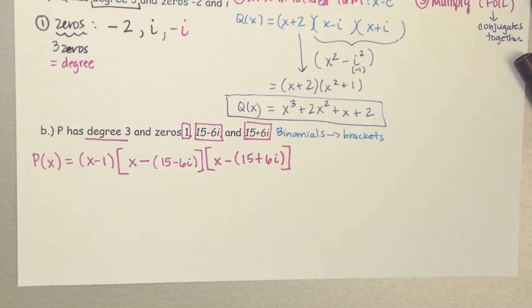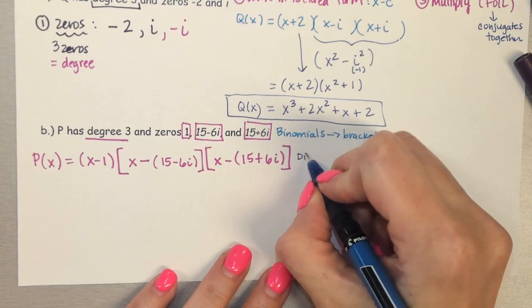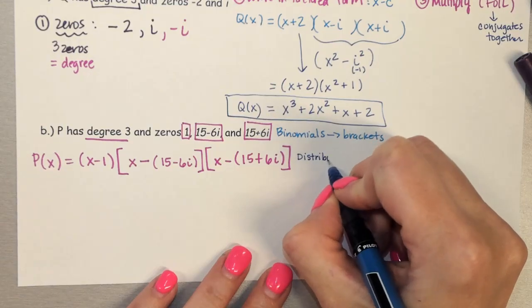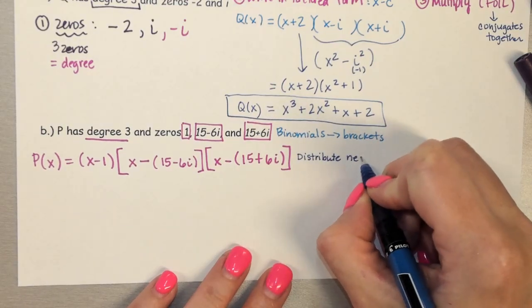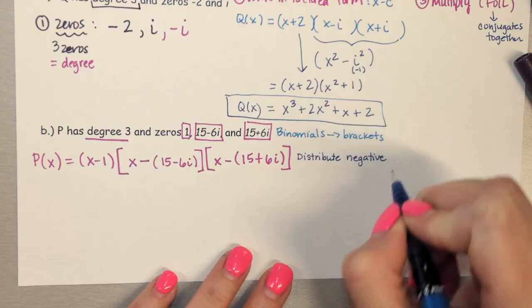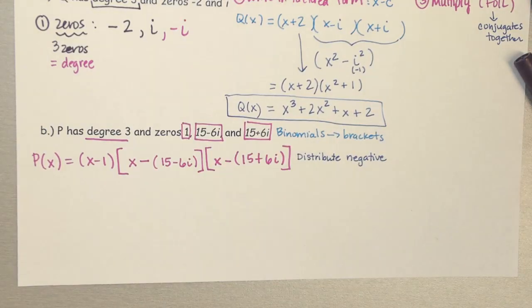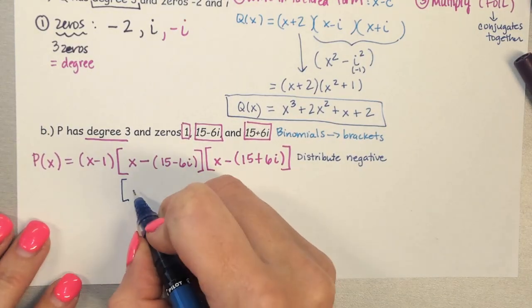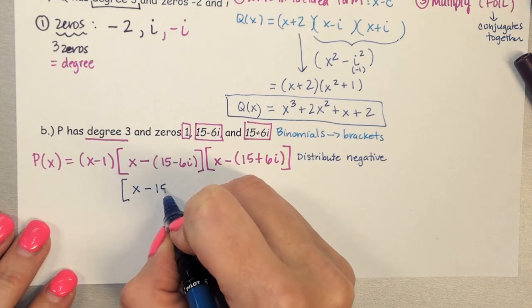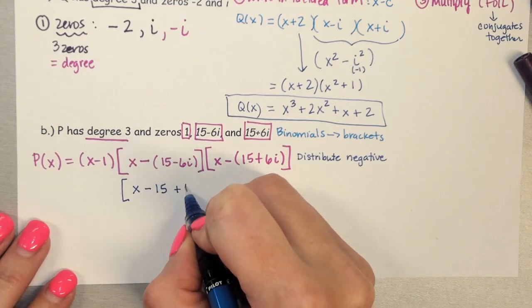Okay, so we're keeping that factor form the same. You're subtracting the 0. Because you have a binomial, we are going to distribute the negative. So this is going to be x minus 15 minus a negative becomes plus.